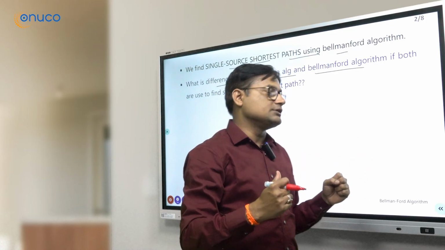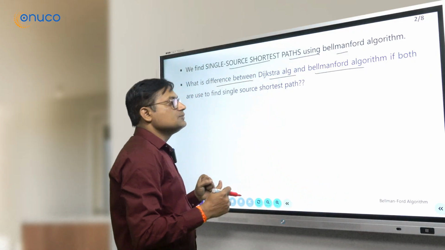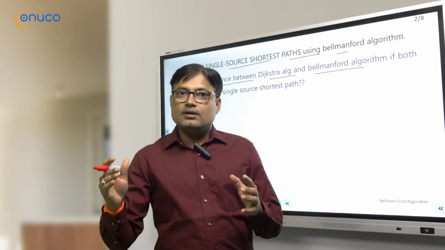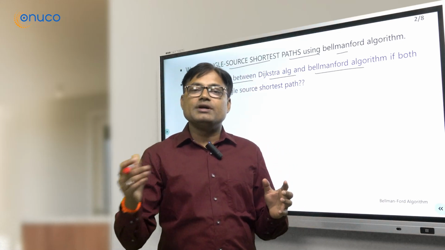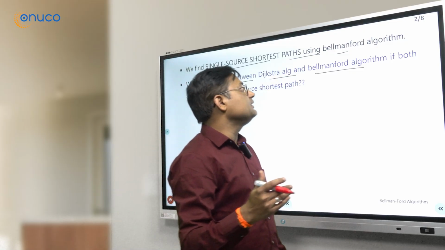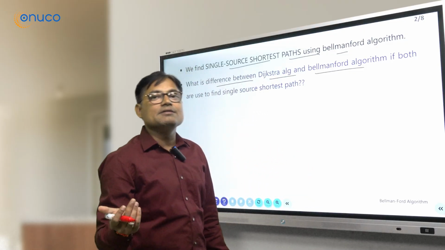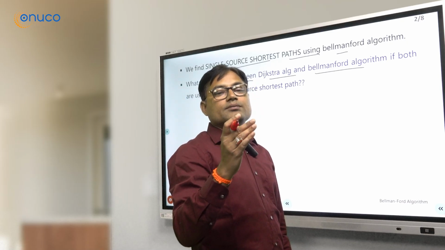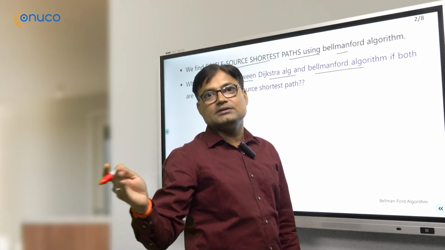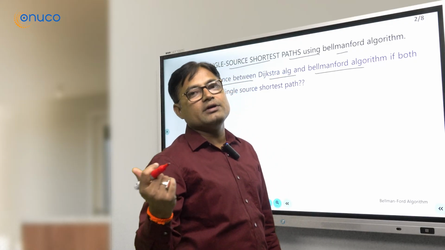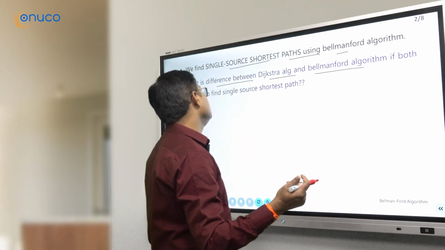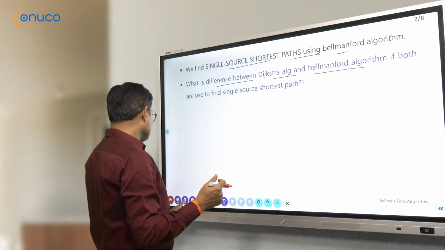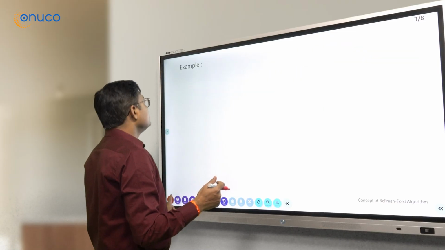While in Bellman-Ford algorithm, since the weight of these edges can be positive or negative, some of the distances from source to destinations can be negative as well. So maybe you will get -1, -2, -3 kind of things. Alright, so let us see how we are going to discuss this.